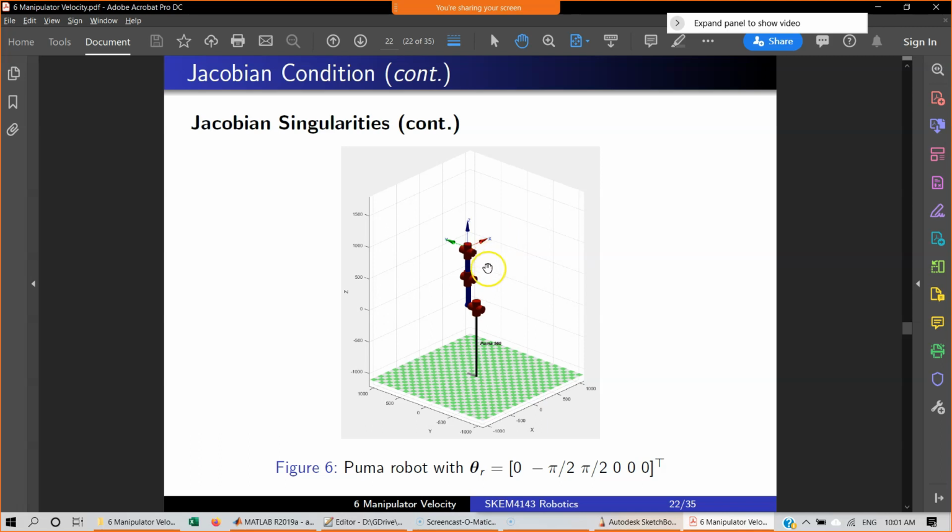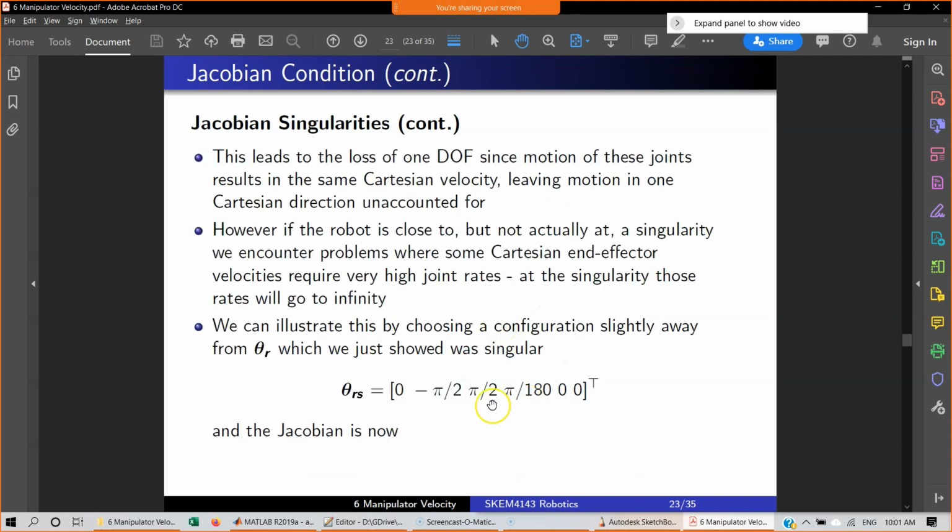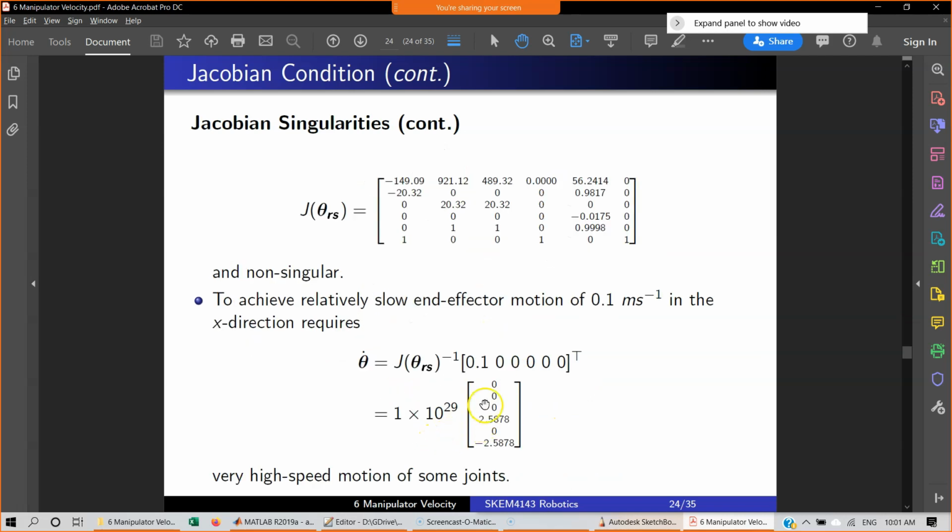However, if you move slightly away from the singularity, like this, you can achieve all the spatial velocity, but the joints have to take a toll, right? They have to actuate the joints really, really hard.